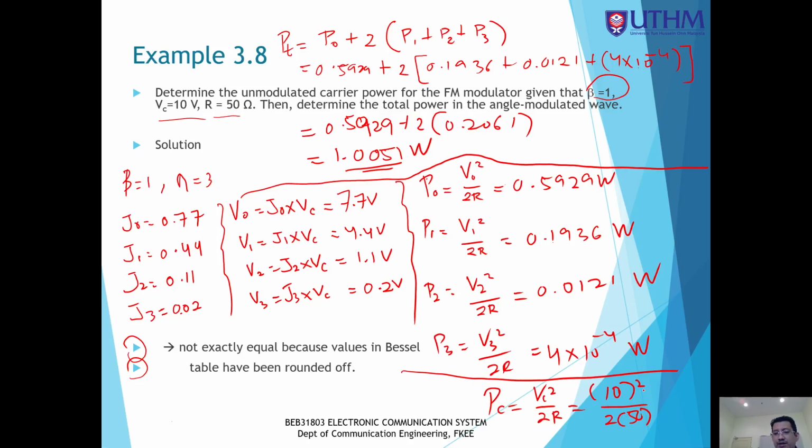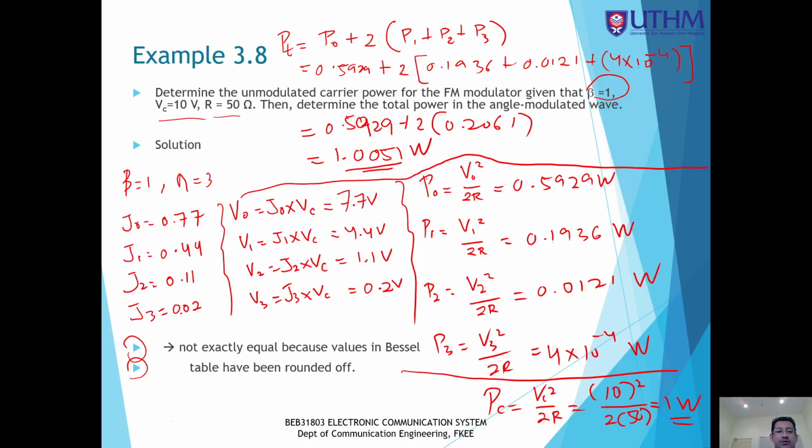So how much? 100 and 100. So you will get 1 watt. Okay, so theoretically you will get 1 watt. But when you use the Bessel table in your notes, you will get 1.0051. Okay, which is very close to the theoretical value.